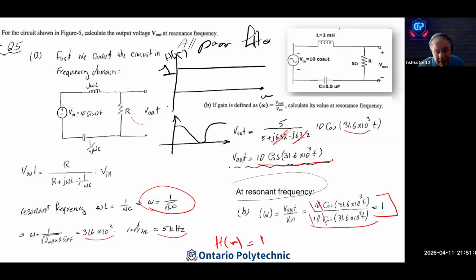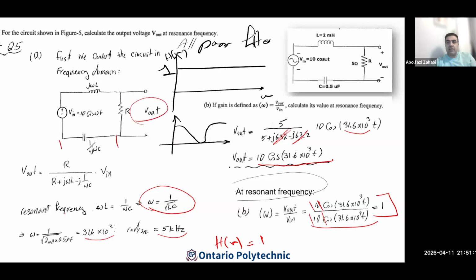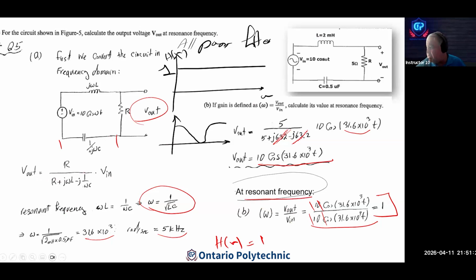Because your output is here. For the filter, the output is here. We have L equal to 2 millihenry and C equal to 0.5 microfarad. No, farad. It is V out over V in, at this frequency.